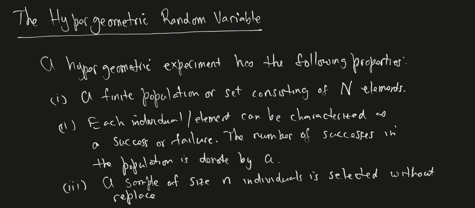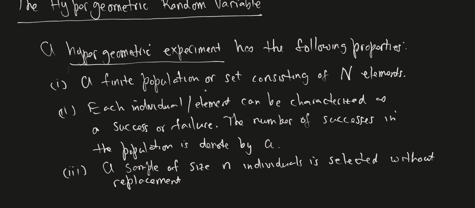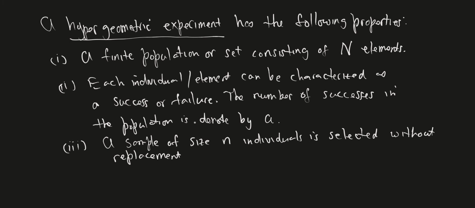That is what sets this random variable apart from the previous three that we've looked at: now our sampling is without replacement, and what this means is that the trials are not independent, because each time we make a selection, the sample space changes.